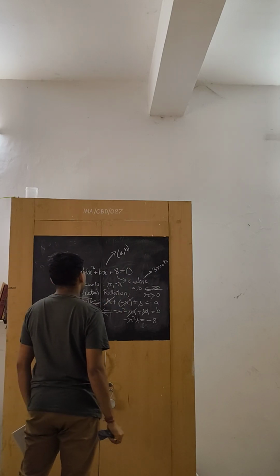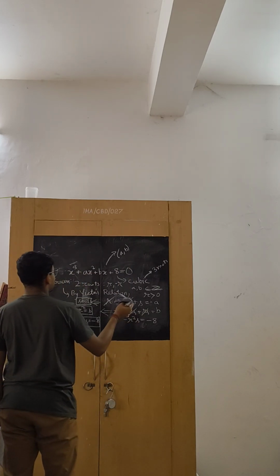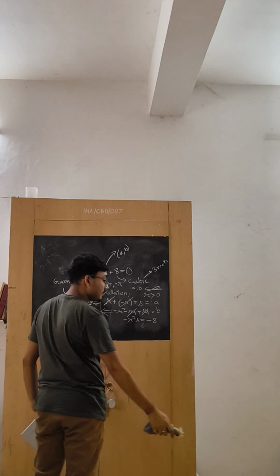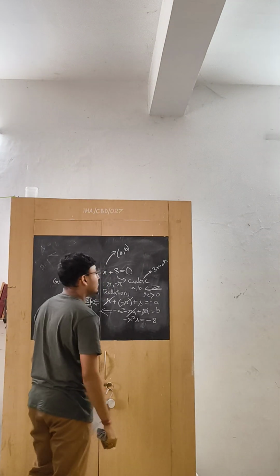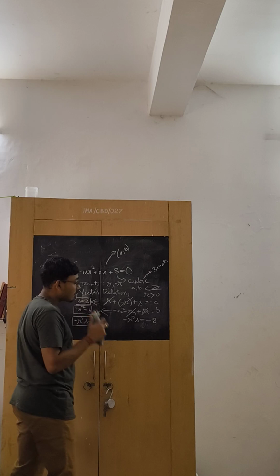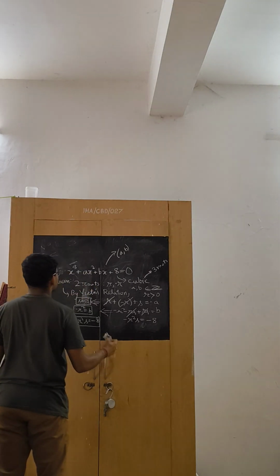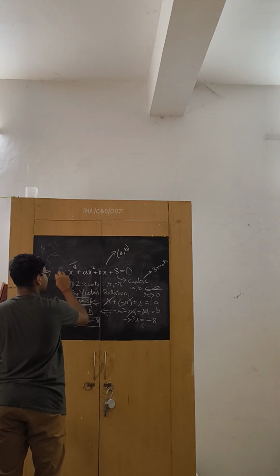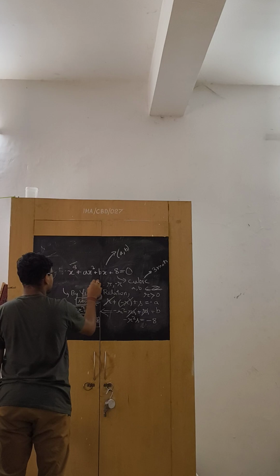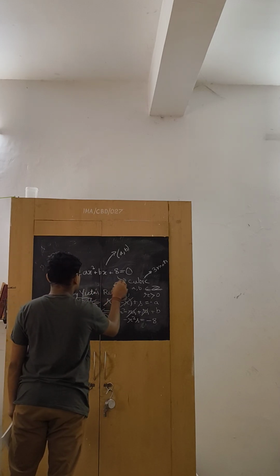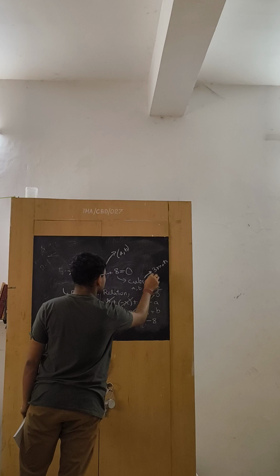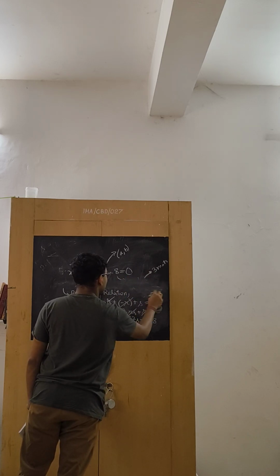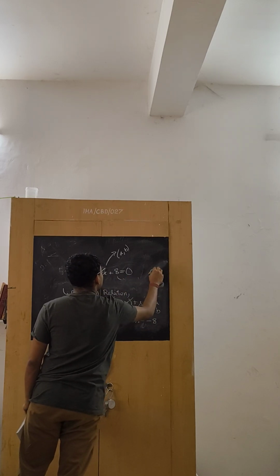By Vieta's relations, as you know, the sum of the roots is minus b by a, the sum of the roots taken two at a time is c by a, and, extremely sorry, the product of the roots is minus d by a. So I will be rubbing this out.